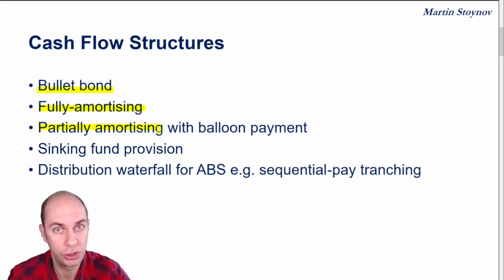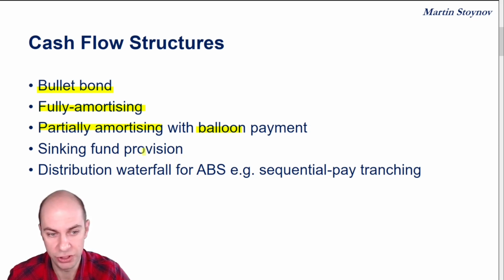And that portion of the outstanding principal is referred to as the balloon payment. So be careful. It's not the bullet payment. Bullet payment refers to the full principal amount on a traditional fixed coupon bond, whereas the partial principal repayment on a partially amortizing mortgage is referred to as the balloon payment.